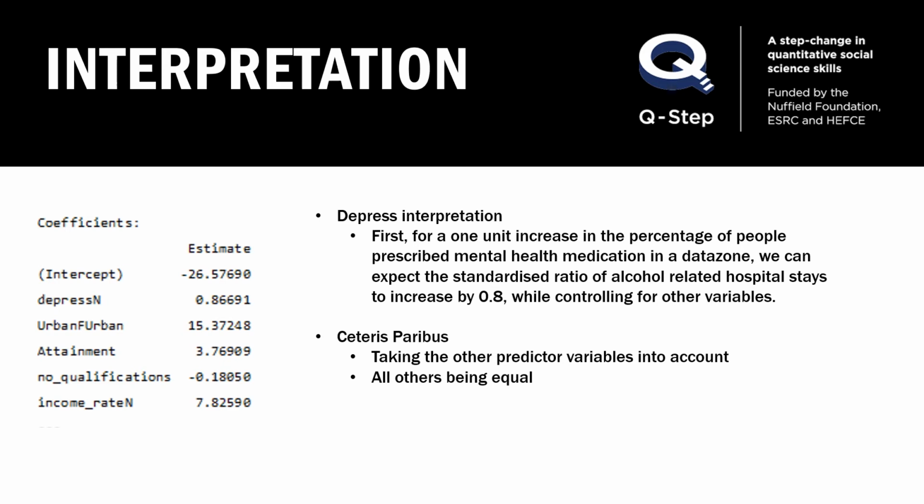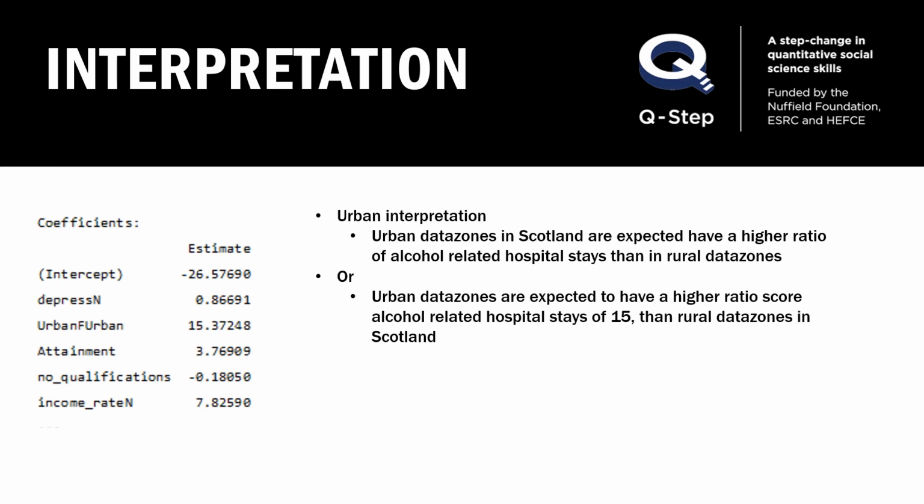Now this last statement is derived from a Latin saying, ceteris paribus. Hopefully I've pronounced that properly. This just means that we are taking the other predictor variables into account, and we should only include this after the first interpretation of the model. For the urban interpretation, remember this was your dummy variable where urban was the higher value.